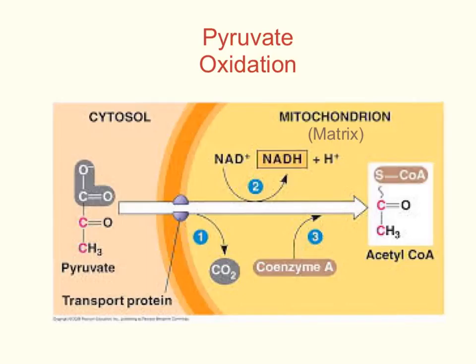Once the coenzyme A attaches to the acetyl group of the pyruvate molecule, it enables NAD+ to be reduced to NADH and lose its electron. CO2 is then removed as waste. The final product of pyruvate oxidation is acetyl-CoA. Acetyl-CoA is what initiates the next step in cellular respiration, the Kreb cycle.